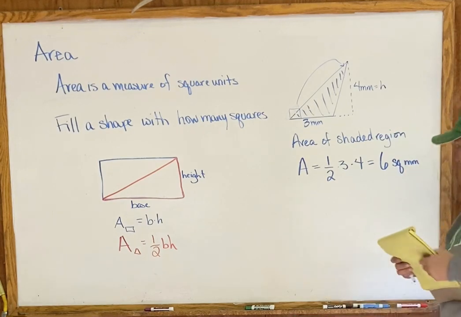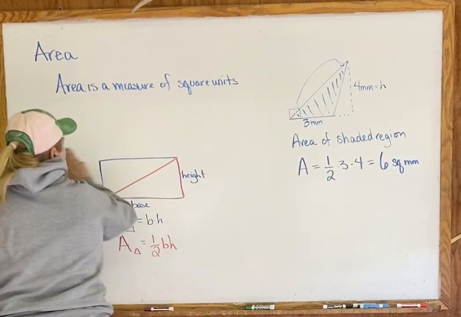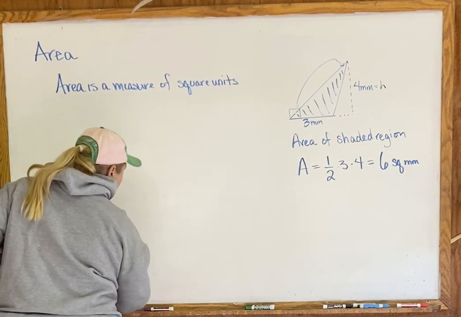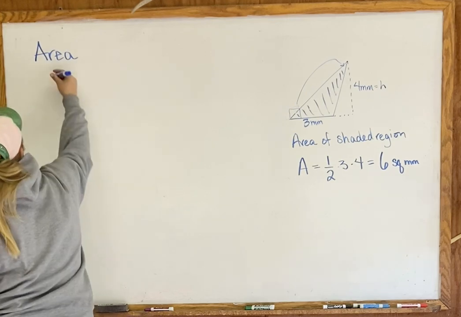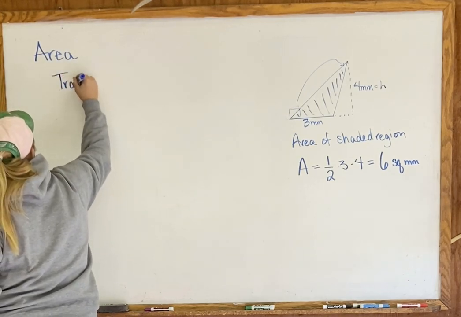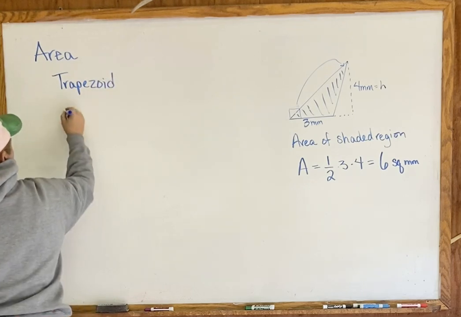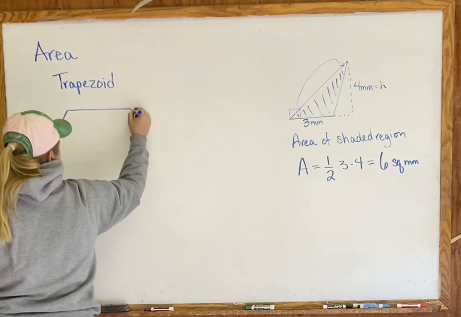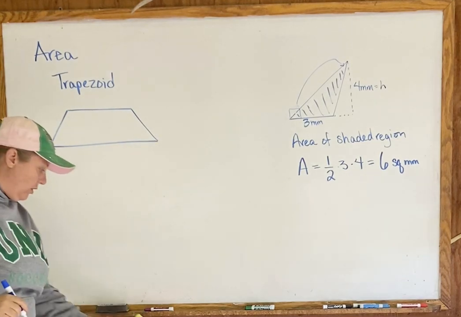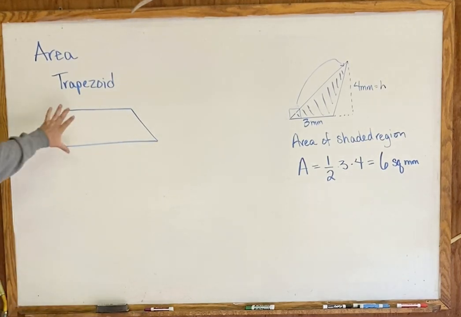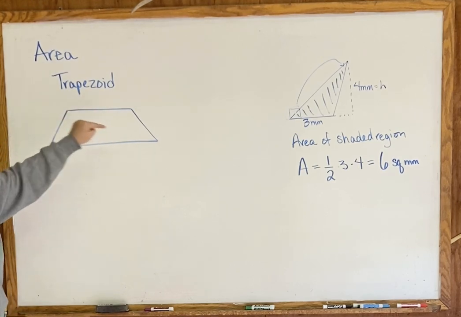Okie dokie. Now, the next one we've got is the trapezoid. And the trapezoid is a 4-sided polygon that looks like this. These 2 sides are parallel, these 2 sides are not.